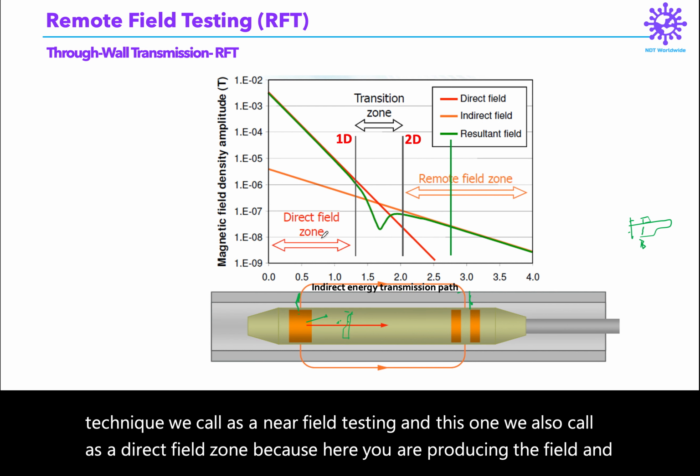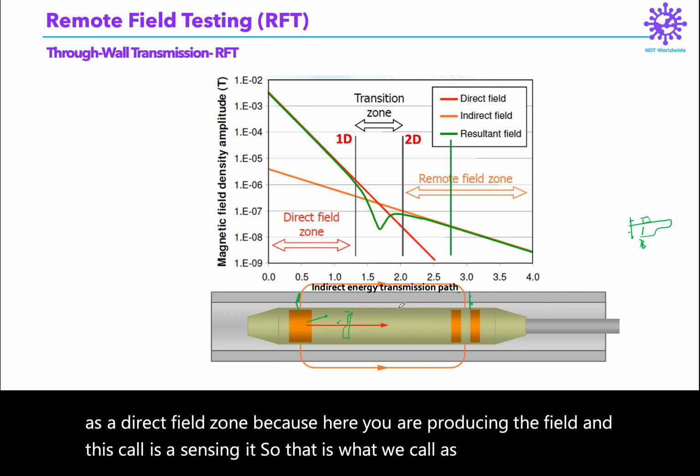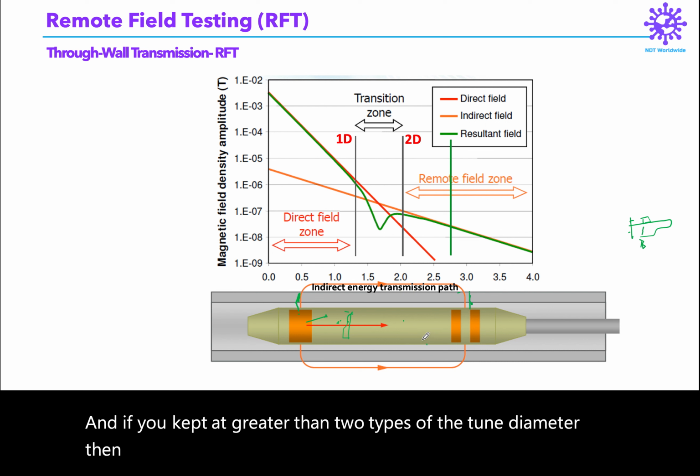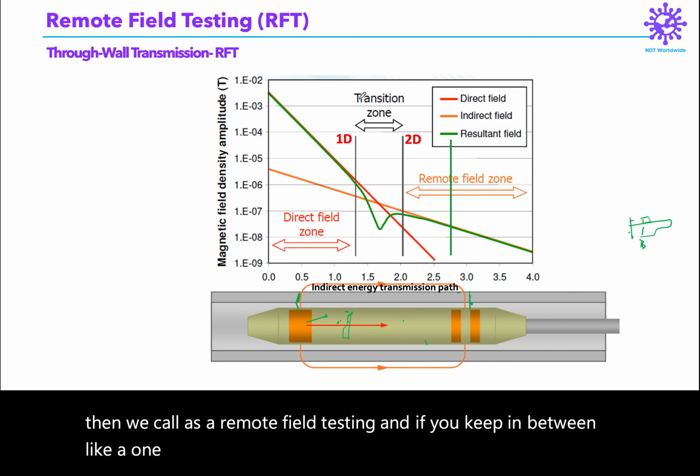If you keep it at greater than 2 times the tube diameter, we call it remote field testing. And if you keep it in between, from 1 diameter to 2 diameters, we call it the transition zone.